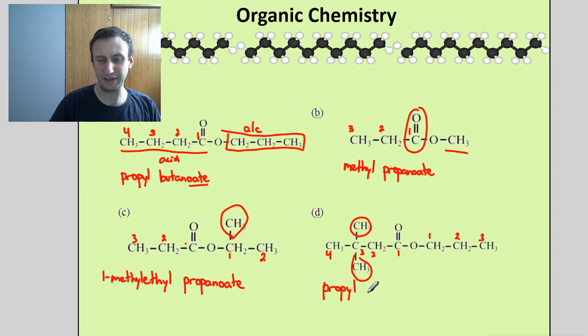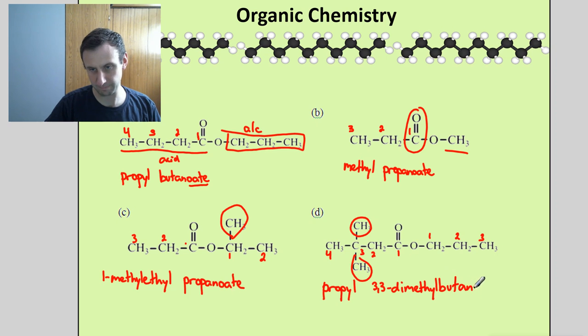So after my space, propyl, I would say 3,3-dimethyl butanoate. 3,3-dimethyl butanoate. Okay, so that's it.